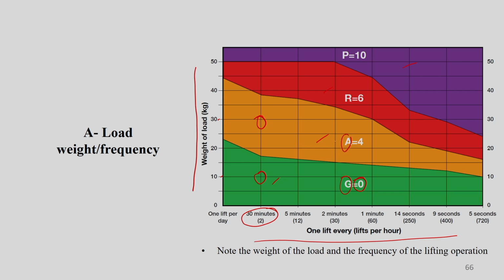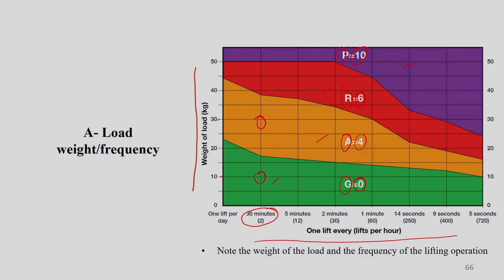So for A it is 4, for R it is 6, and for P it is 10, and these numbers all are pre-computed. These numbers came from different experimental studies while developing this particular tool.